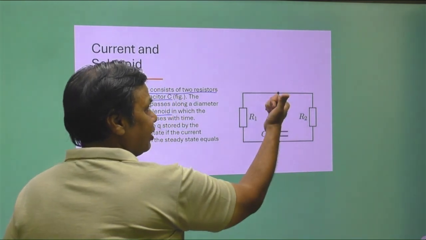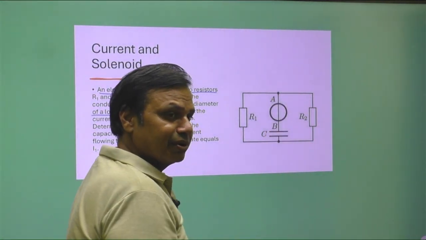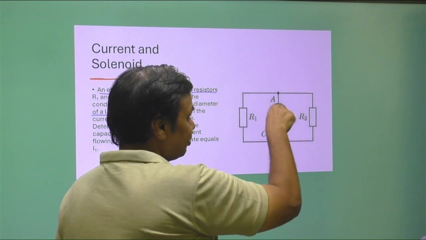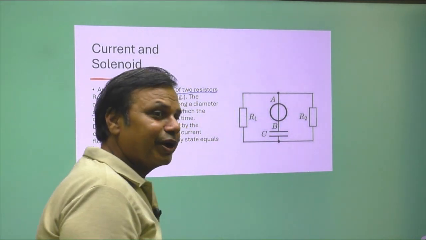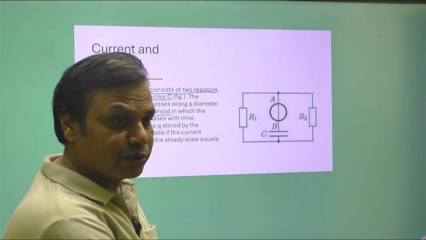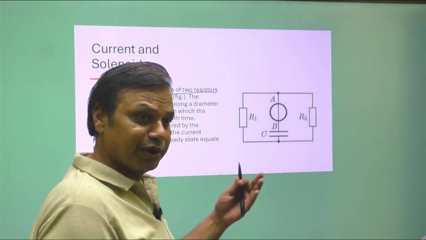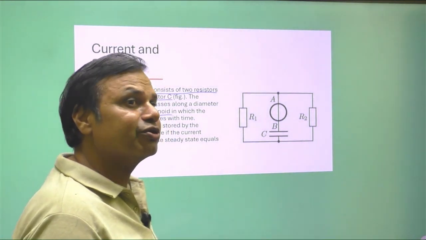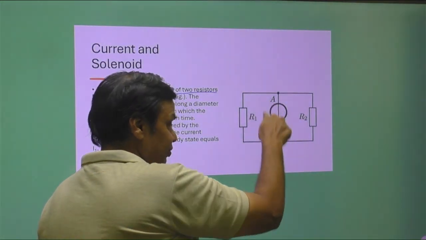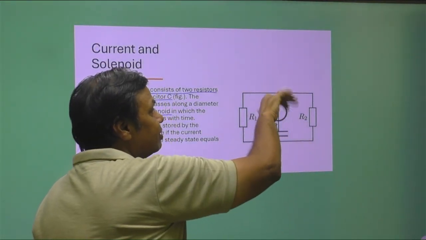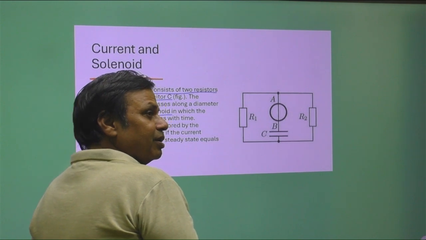That means the loops are going to become EMF sources, which are going to produce a current in this direction because they want to decrease the flux. And to do so, they will need a clockwise current.